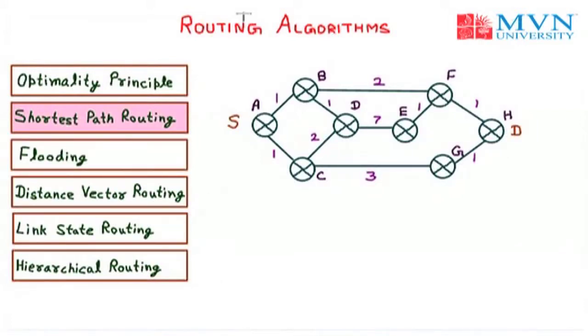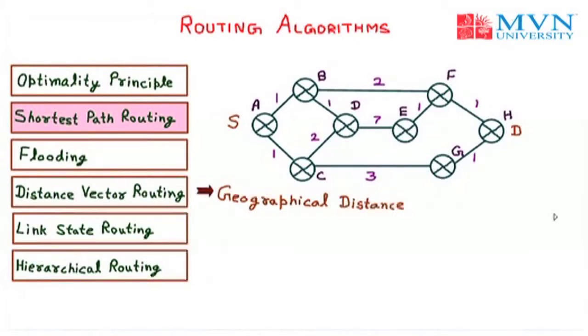So the shortest path routing, the first main principle is to find out the shortest path. In the shortest path routing we have to find out the shortest path, but the shortest path will be based on different parameters. The first main constraint about finding the shortest path is geographical distance. In the geographical distance we will find out the shortest path from source to destination based upon the distance covered. So we have the various distances, just like A to B is 1 and so on.